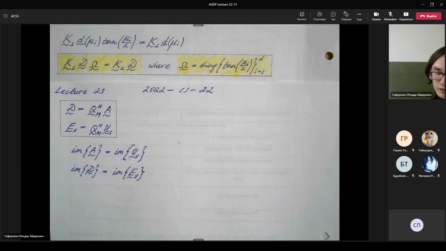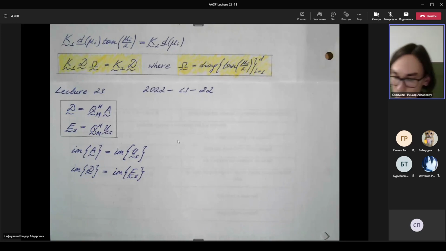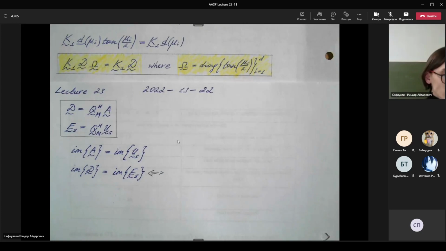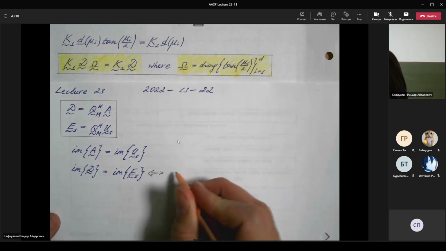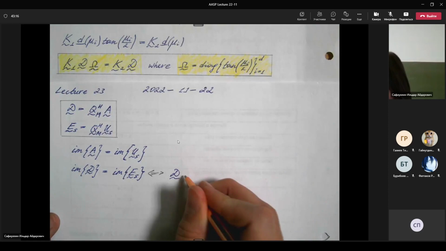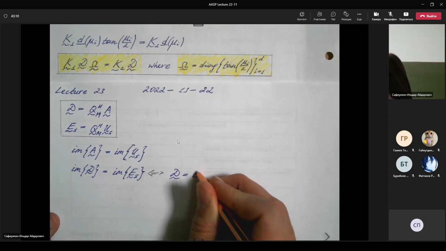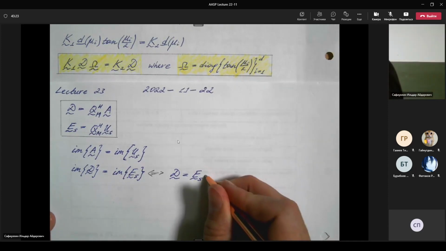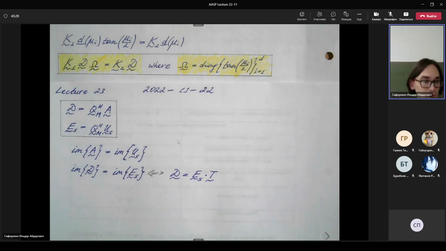From this, we can show that we have some connection between matrix D and matrix E sub S with some transform matrix T, where T is non-singular.